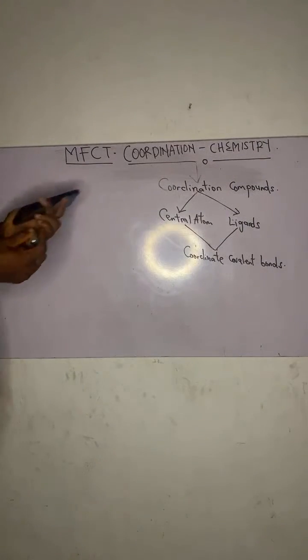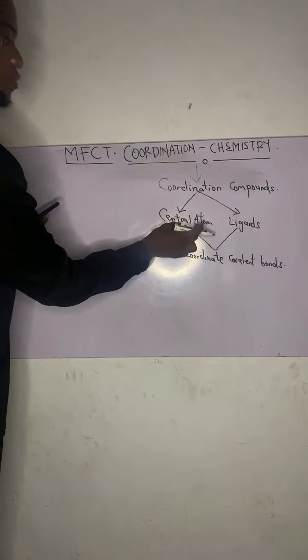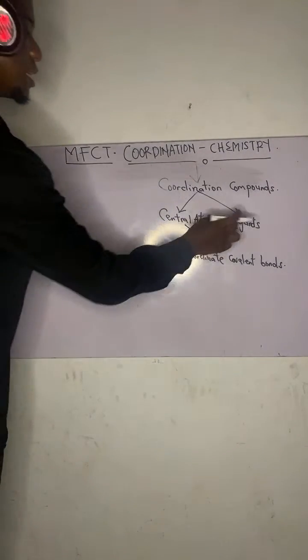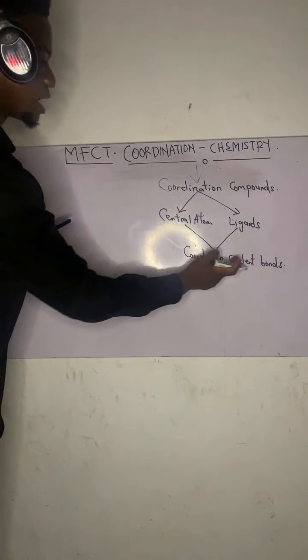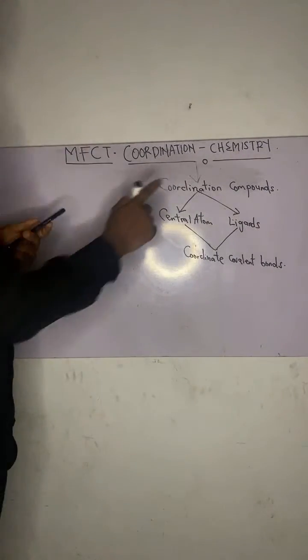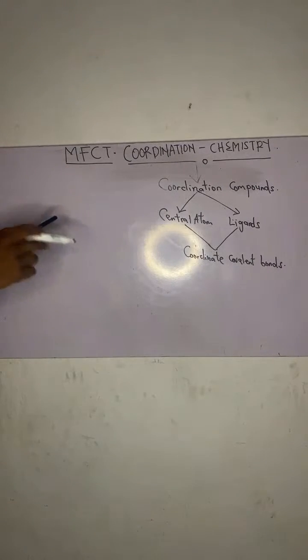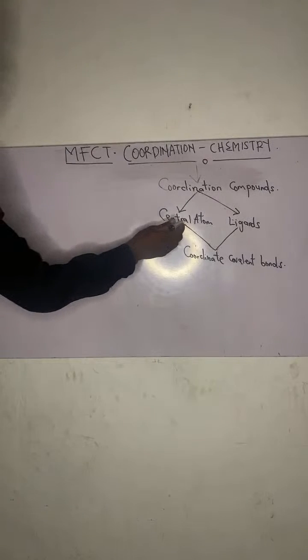Do you get that? So once you know that a coordination compound consists of central atom and ligand, the next thing you have to note is that the ligand is joining to the central atom by coordinate covalent bonds. So in a particular coordination compound, how are you going to identify your central atom and how are you going to identify your ligand?